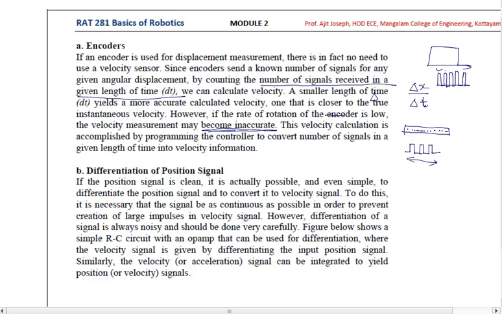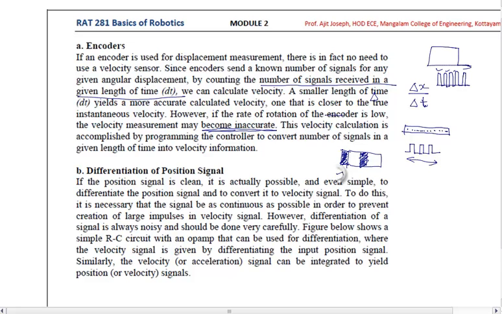So if we want a large number of pulses, in the encoder the step between an opaque and a transparent region should be as small as possible. For example, these two sections are opaque sections and the middle portion is the transparent section.